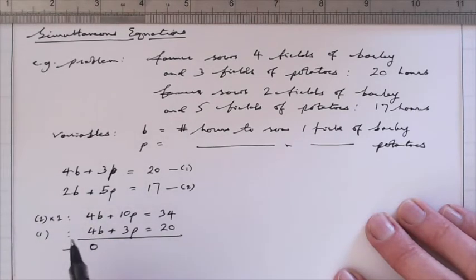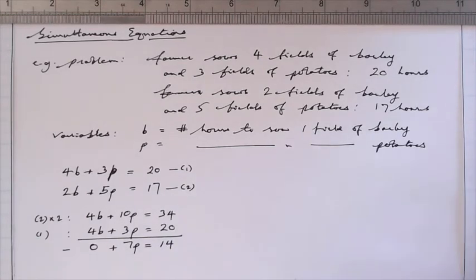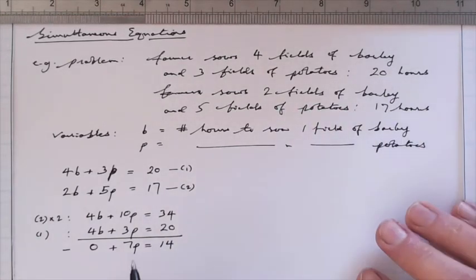And in that way, when I either add or take away these equations, I can get a 0. So 4b take away 4b is 0. 10p take away 3p is 7p. And 34 take away 20 is 14. I've chosen the numbers to work out nicely here.